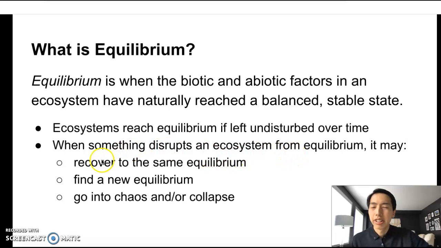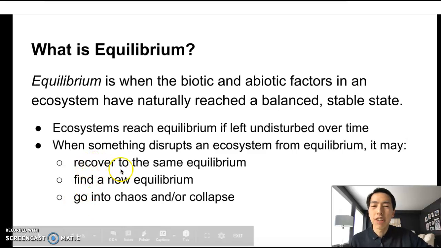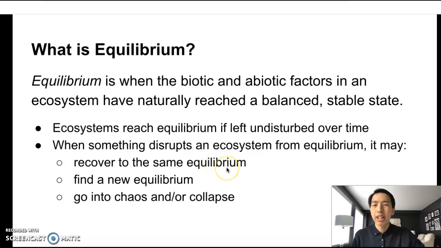Well, different things could happen. Here are just three possibilities. It may just recover to the same equilibrium that it had before. So maybe a one-time event happened, like a natural disaster, but then slowly the ecosystem builds back up to the same equilibrium it had before.